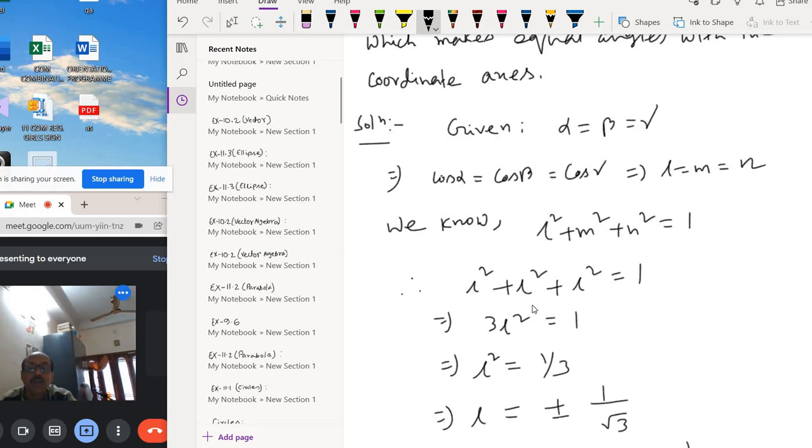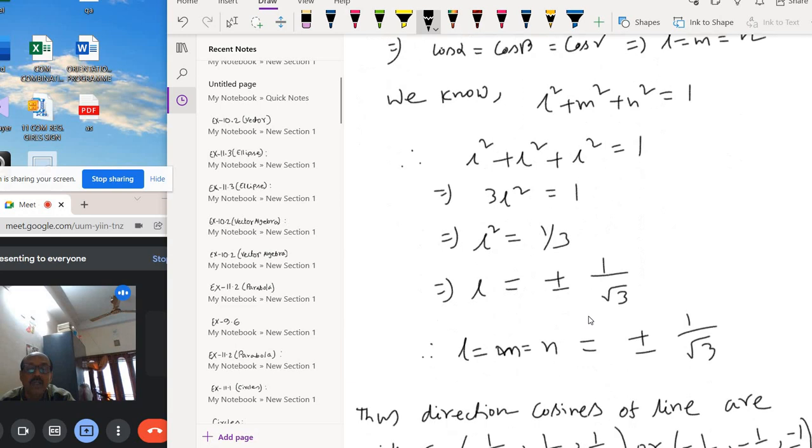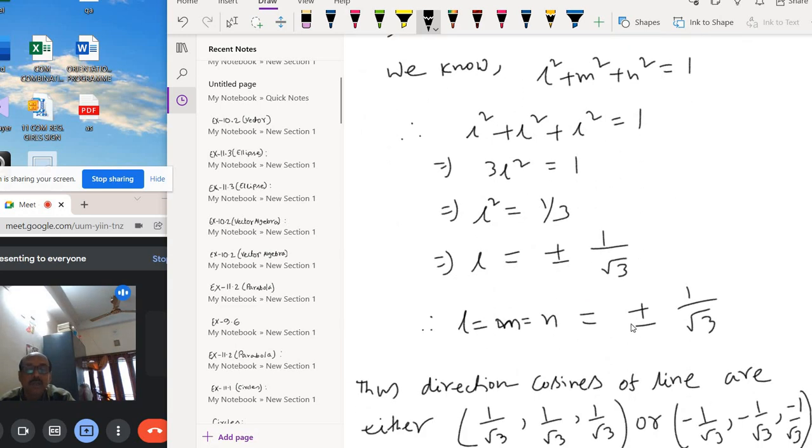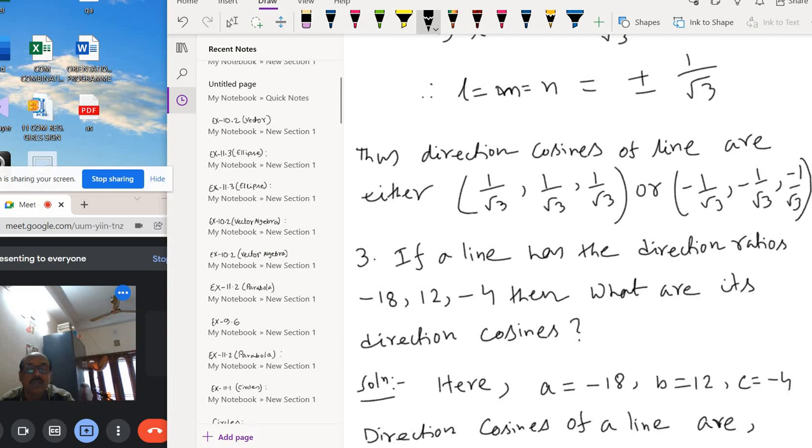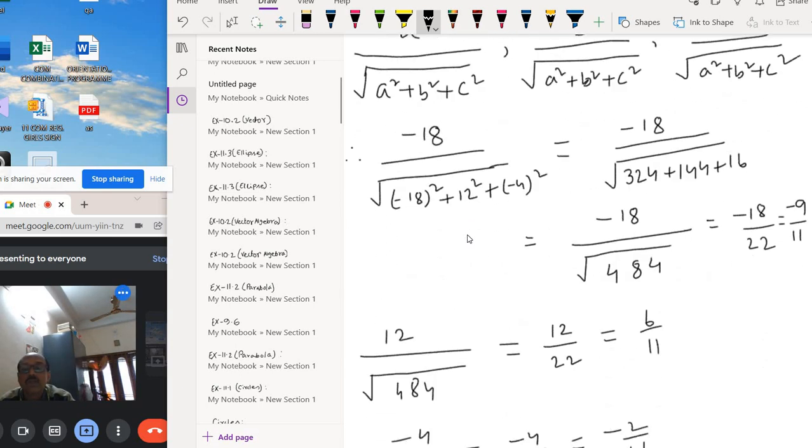That means all are L square, so 3L square equal to 1. So L equal to plus minus 1 by root 3. So all are the same: 1 by root 3, 1 by root 3, 1 by root 3, or minus 1 by root 3, minus 1 by root 3, minus 1 by root 3. Okay.